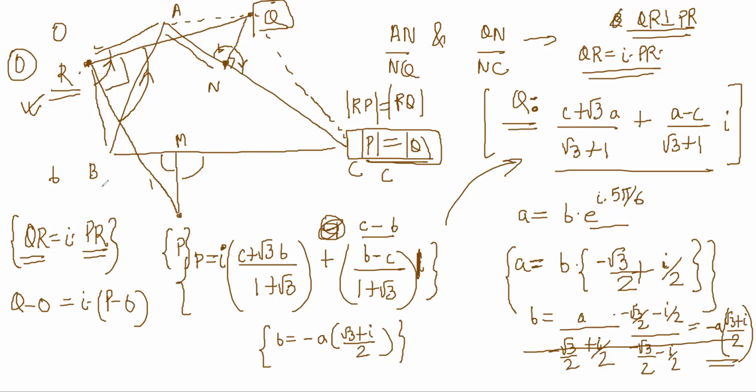Okay, so what we will do next is we'll see conditions for collinearity, orthogonality, and concyclicity. Orthogonality means perpendicular. These conditions we'll see.